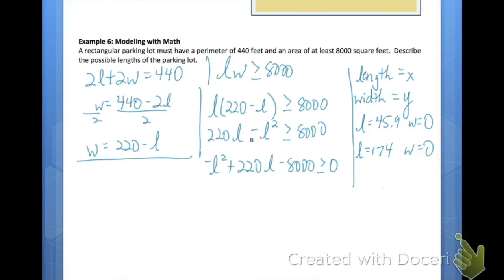So we want the x values that are below that curve of the parabola. And so those will be the L, the possible lengths, that are less than or equal to 174 and greater than or equal to 49.5.